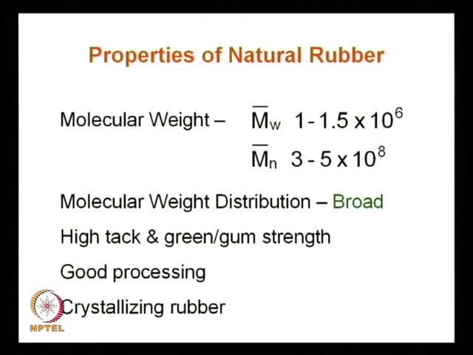And the molecular weight distribution is broad, and high tack and green strength are required. I have already described what tackiness and stickiness mean, and what green strength of a rubber product means. Green strength is the strength of the item after making a rubber compound and giving it a green shape, prior to curing.